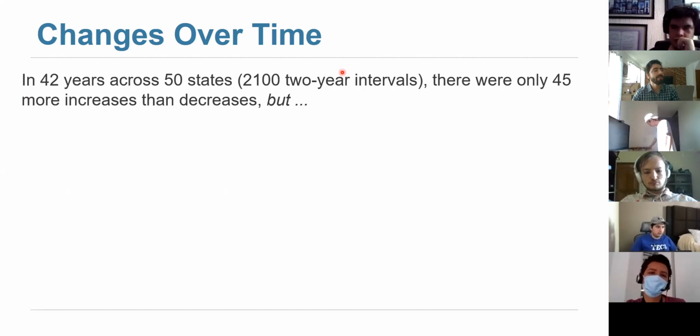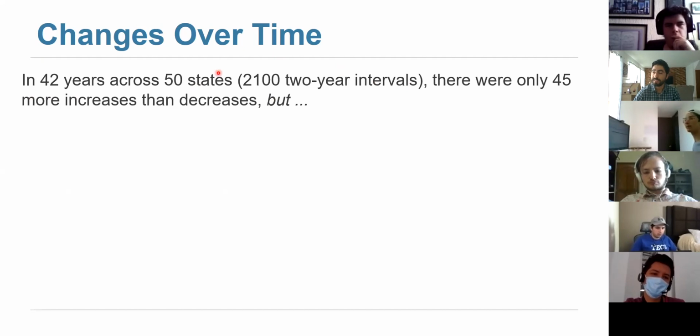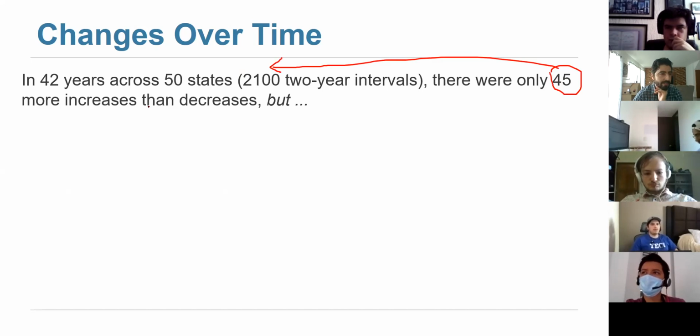Adding all of them together, you get 2100 possible combinations. But we only saw 45 more increases than decreases, which is basically negligible compared to all those 2100 possible combinations.